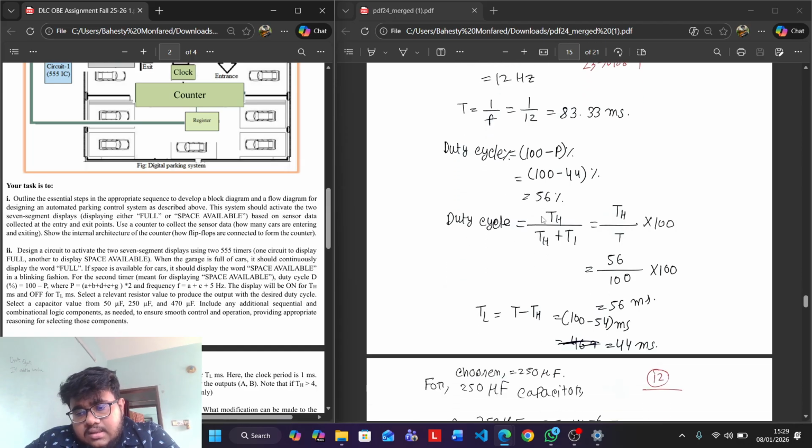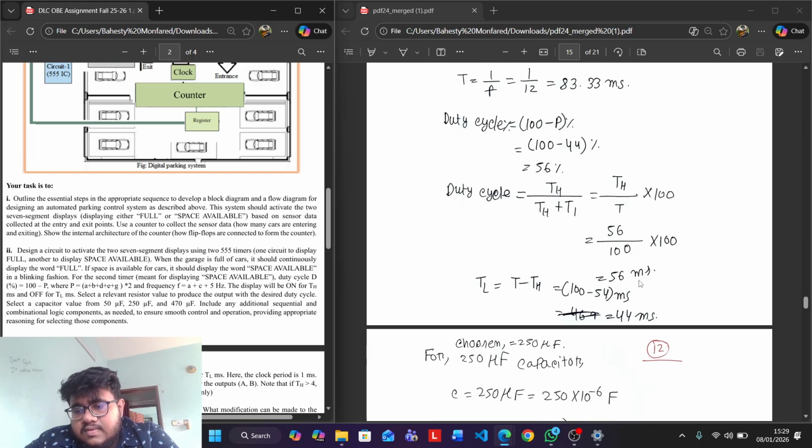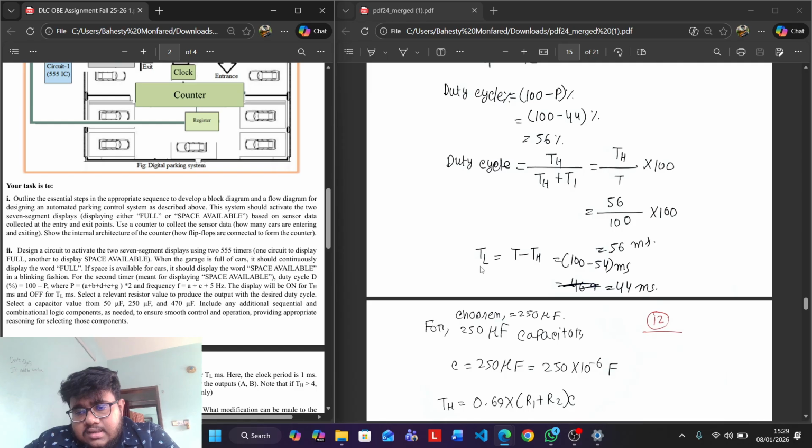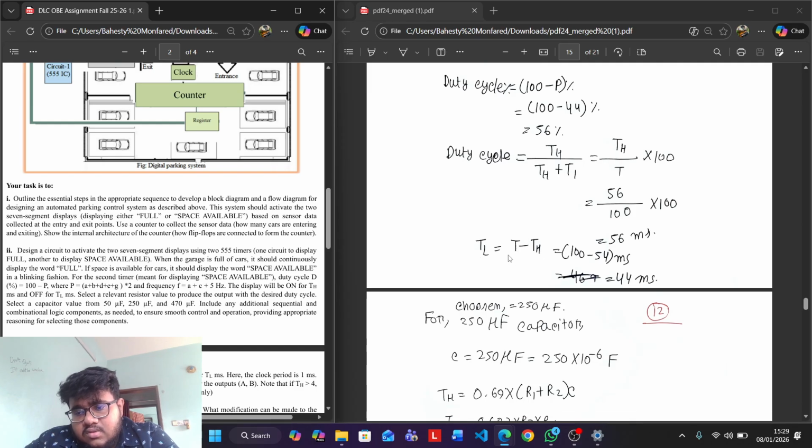My duty cycle formula was TH plus T. So here is my 100, TL, sorry, this TL. This is divided by 100 and this is percent, and this is TH, so that is for 56 ms. And for TL we have to subtract TH from T. So T is already 100, and TH is 54, so it will come from 44 hertz.